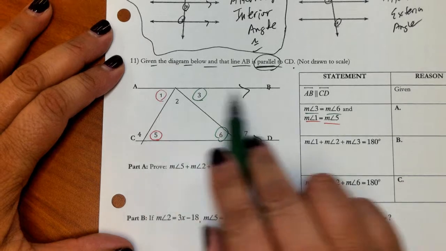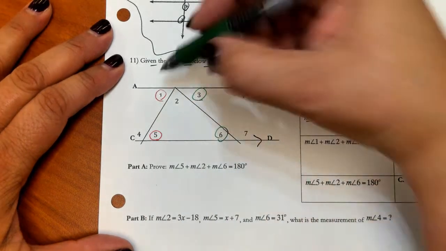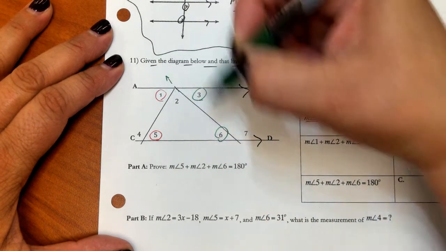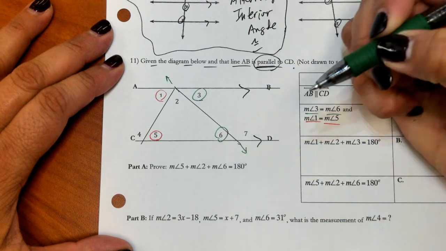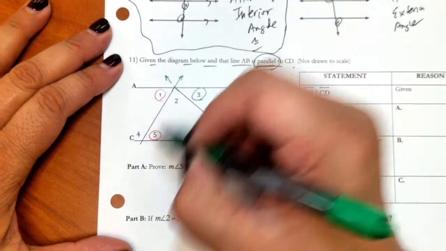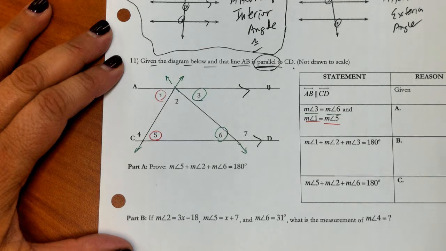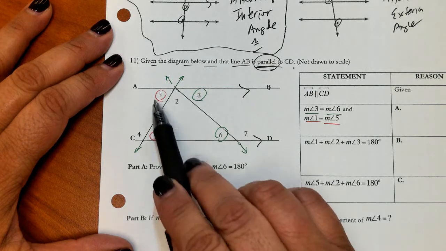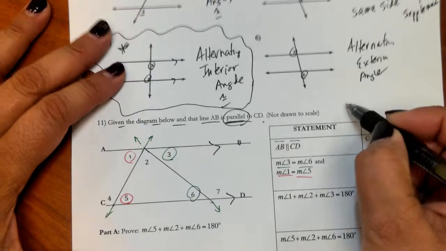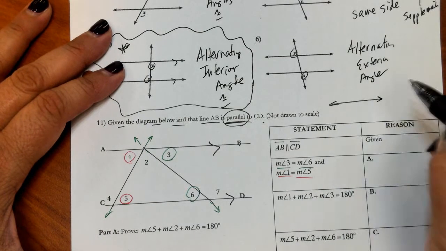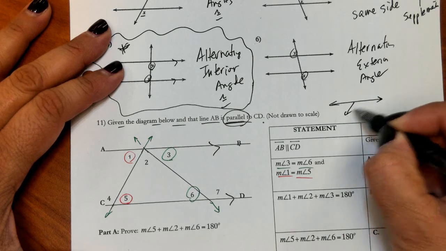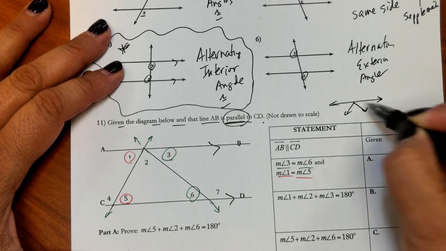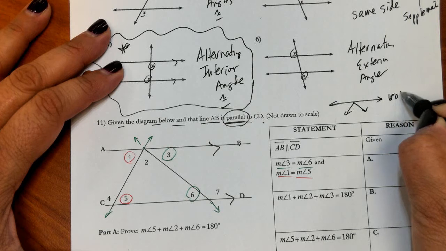So I just wanted to point out to you that this is your transversal. So even though it doesn't show it like that, this is your transversal. Okay, and then this is another transversal to give you a little bit of help. Okay, the other thing that you have to remember from our lesson that day is angle 1, 2, and 3. Anytime you have a line, and you have angles or rays that are coming out, this forms 180 degrees.